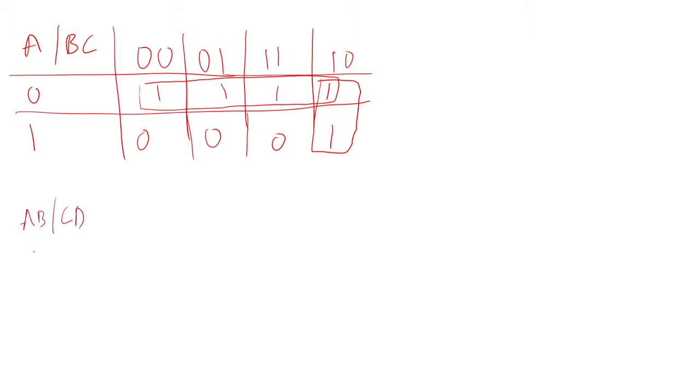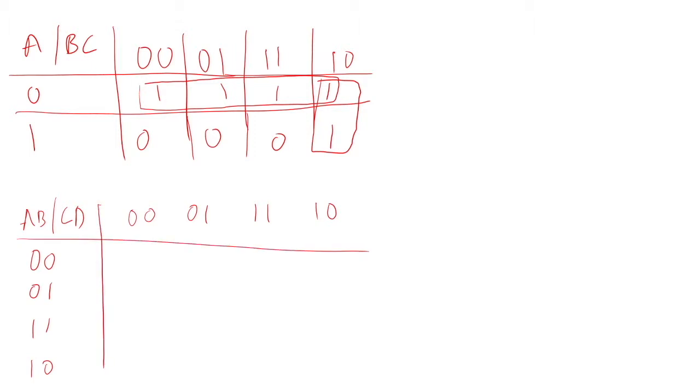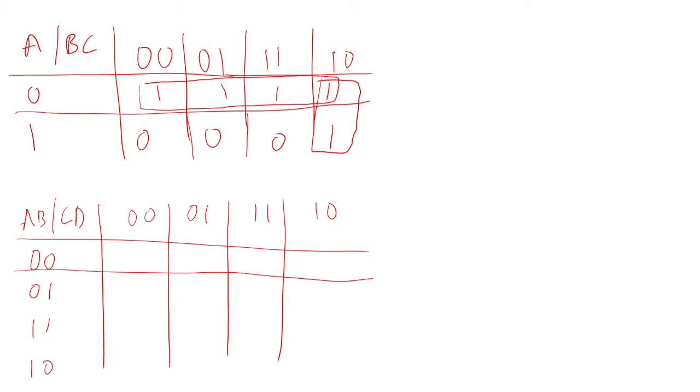Okay, now let's take another example of 4 elements. A map containing 4 elements. Okay, now let's take an example like this.